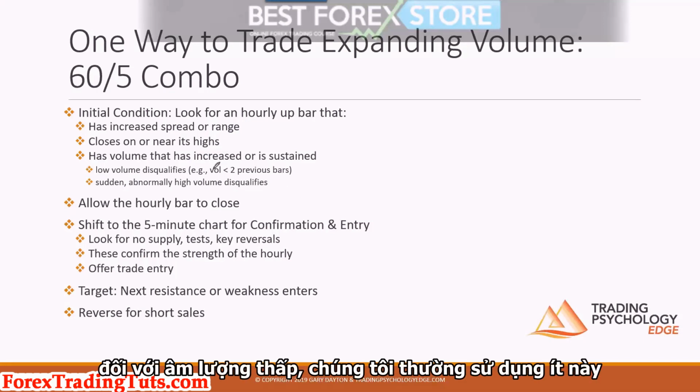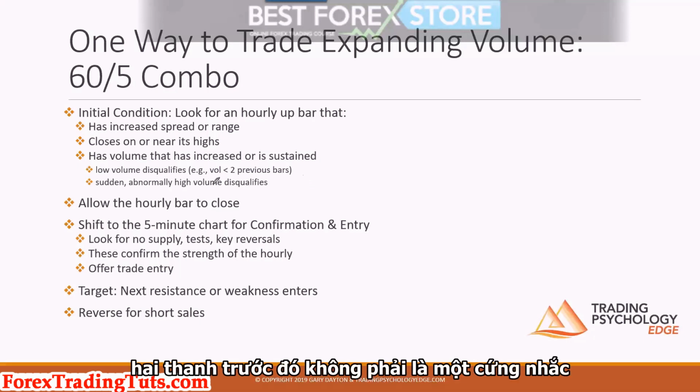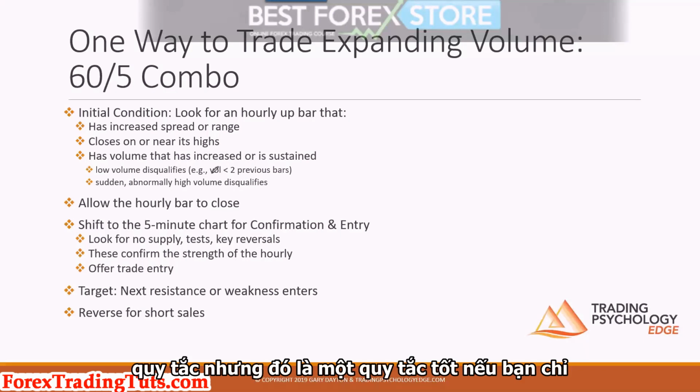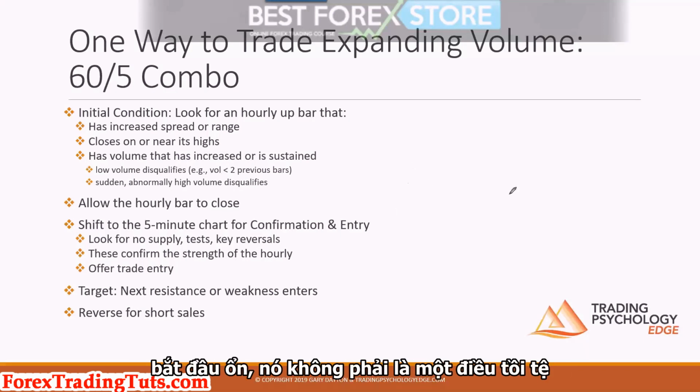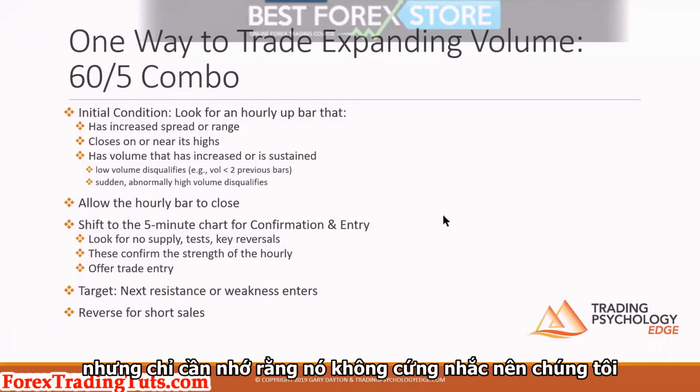For low volume, we often use this little thumbnail model, I guess we would say. The current volume is less than the volume on the previous two bars. That's not a rigid rule, but it's a good one if you're just starting out. It's not a bad one, but just remember it's not rigid.